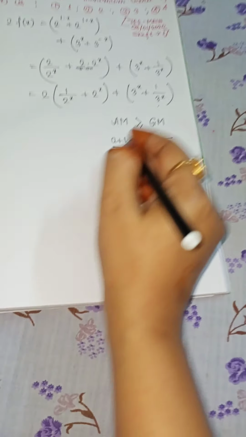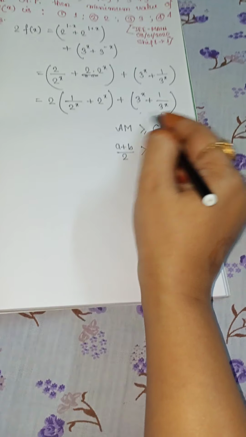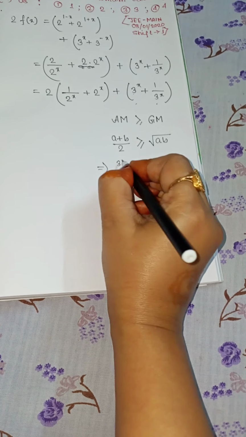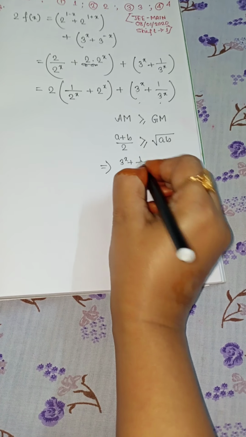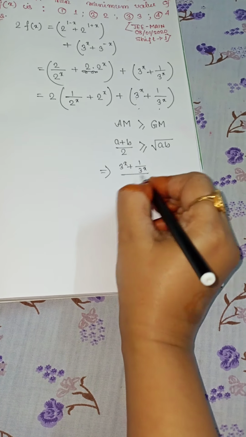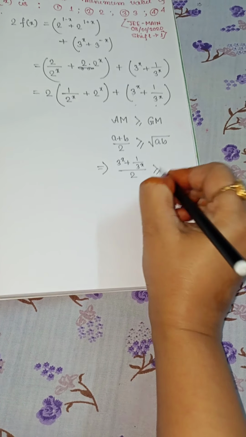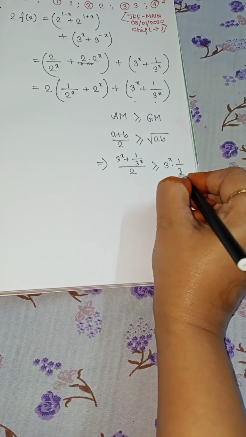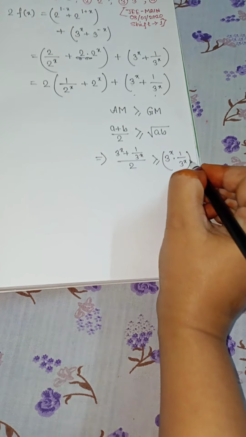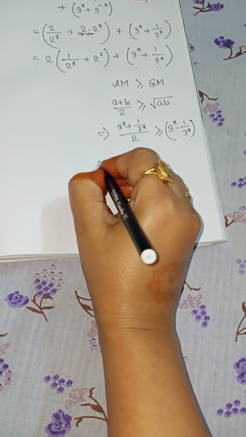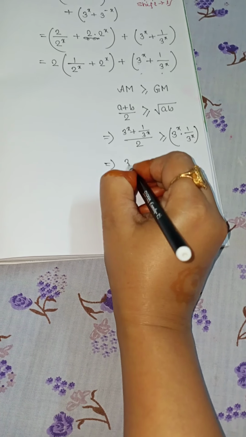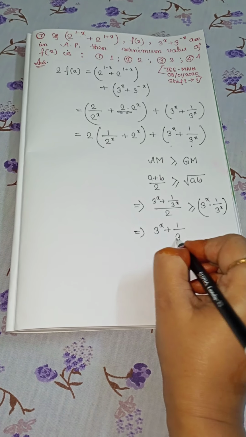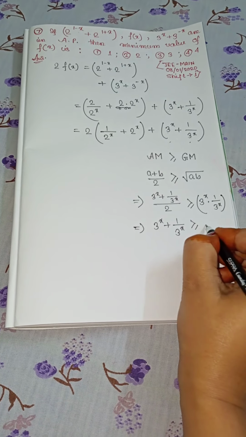So here, (3^x plus 1 by 3^x) divided by 2 is greater than or equal to root of 3^x into 1 by 3^x, that is equal to 1. That implies 3^x plus 1 by 3^x is greater than or equal to 2.